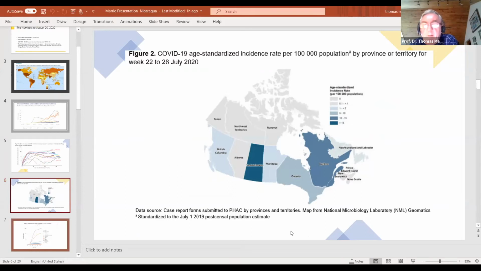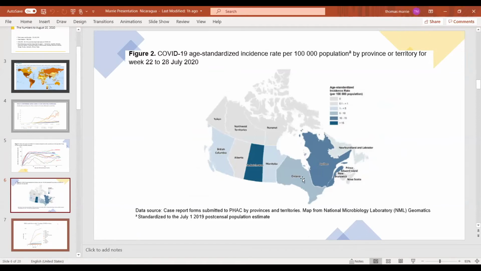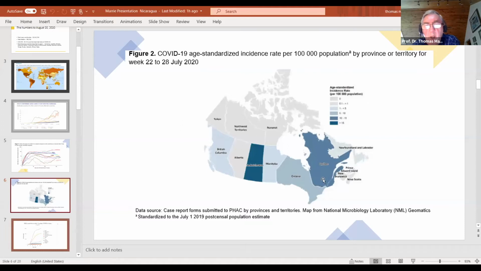Again, a density map showing the number of cases per 100,000 population. And you can see quite a variation. Quebec and Ontario, which are the most populous provinces in our country, had also the highest rates per 100,000 population. The Atlantic provinces where I live had very low rates.